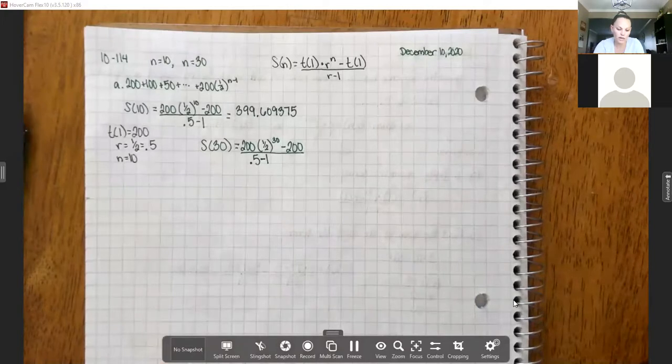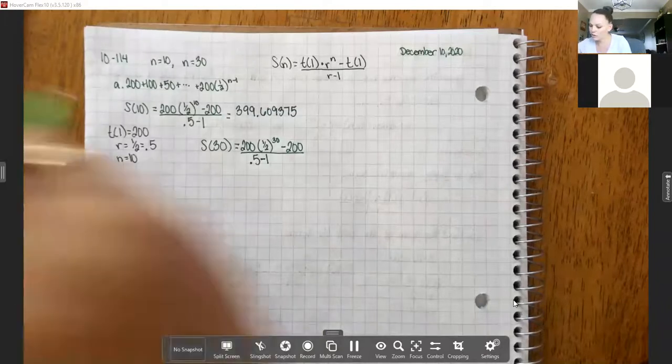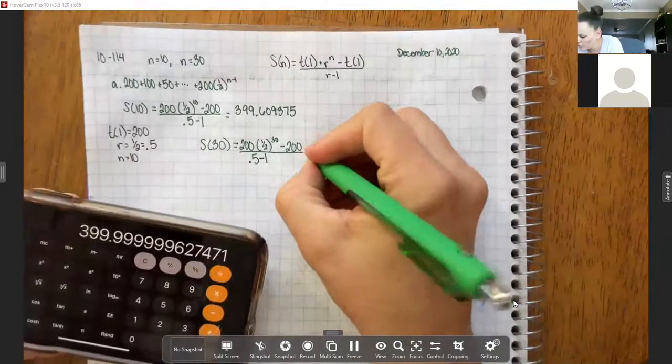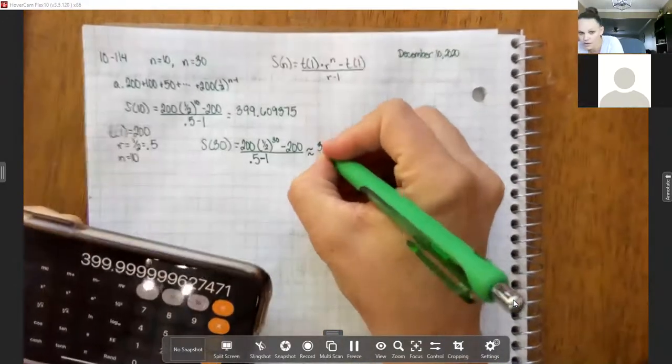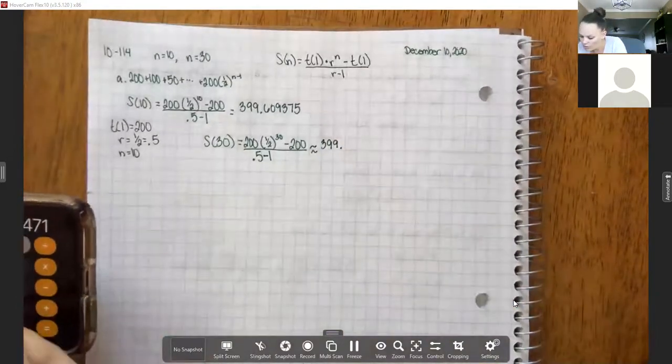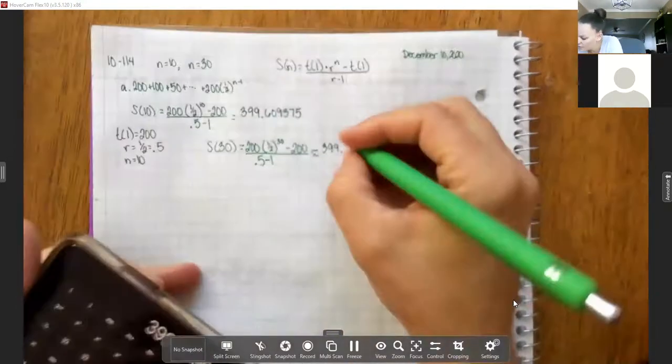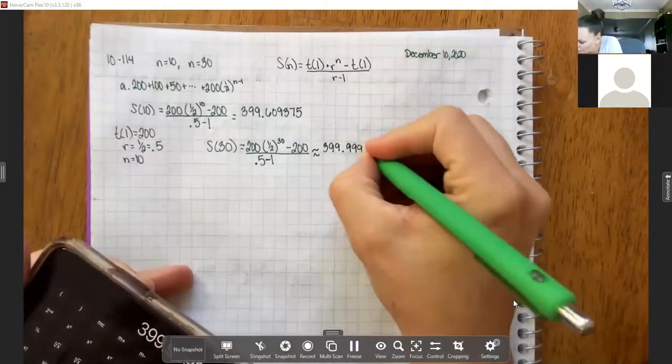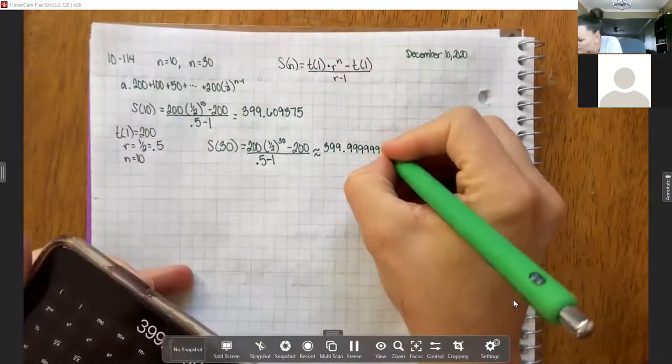So 200 times 0.5 to the power of 30, minus 200, divided by 0.5 minus 1. So this one is approximately 399.99999999 with a 6 at the end.